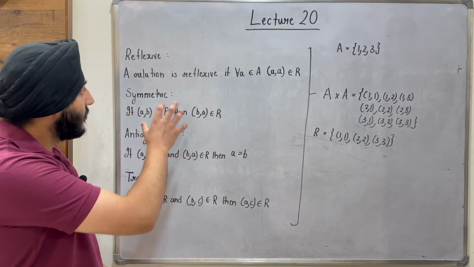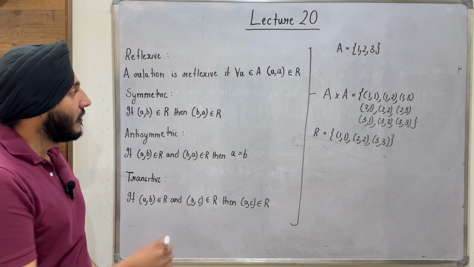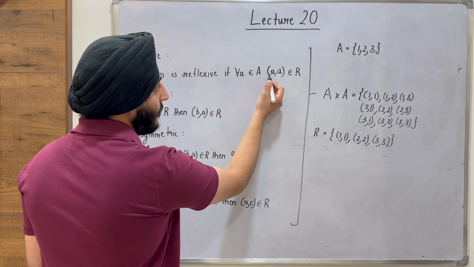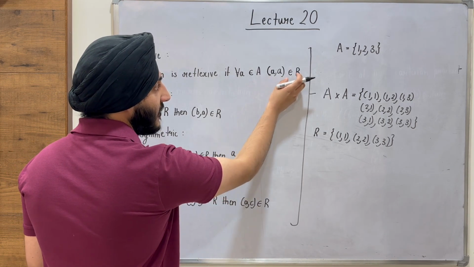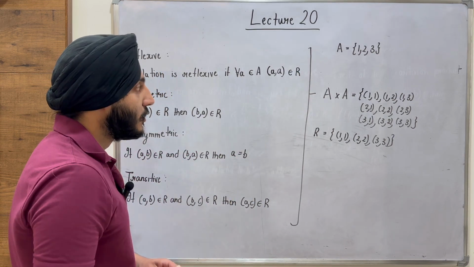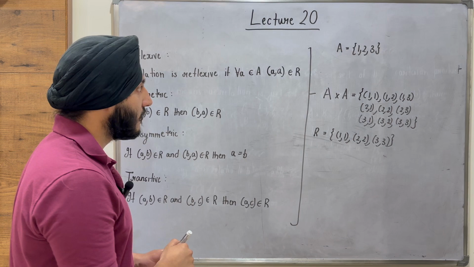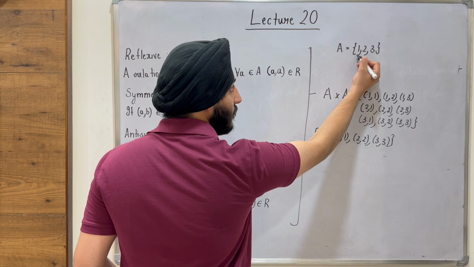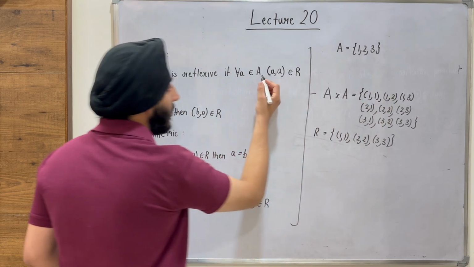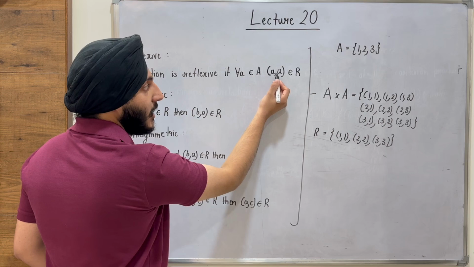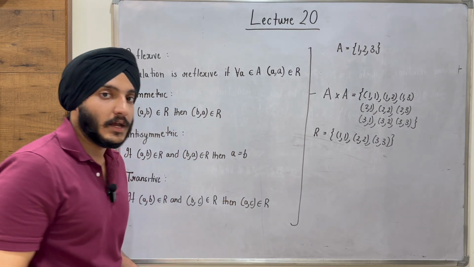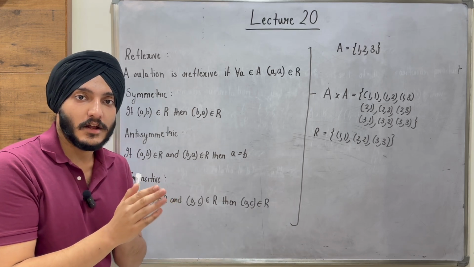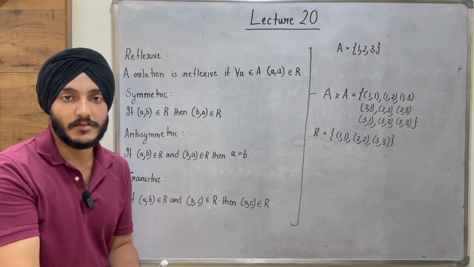So let's start with understanding what a reflexive relation is, right? A relation is reflexive if for all the values a in the set A, the element (a, a) is an element of the relation R. I hope you understand what this means. What I'm trying to say is, for all the elements a which are elements of the set A, so for example for all the values 1, 2, and 3, this tuple (a, a) is an element of the relation R. In very simple words, each of the values in the set should be related to themselves in the relation, right?